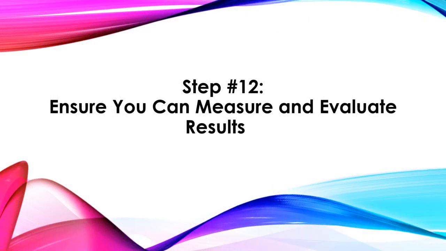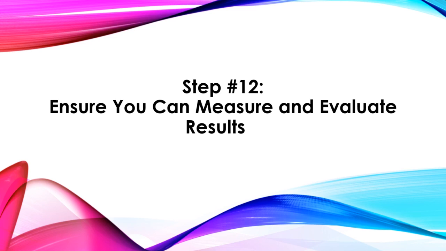And measure and evaluate the results. Determine how effective your course has been by asking your learners, that is, getting the feedback. This will help you figure out what you did right and what you can improve on in the future.